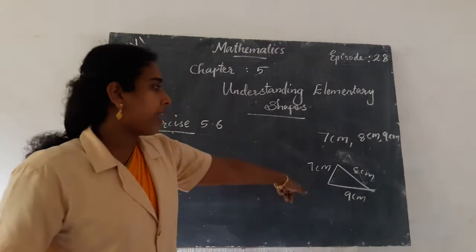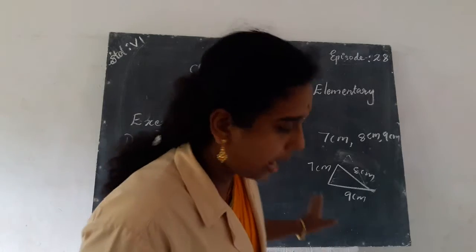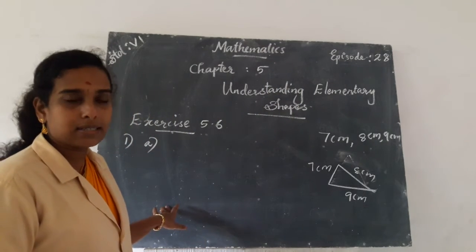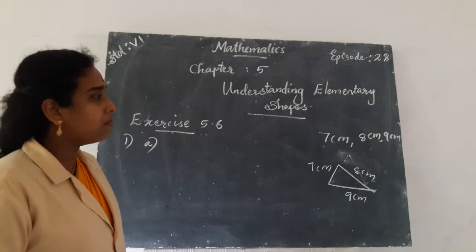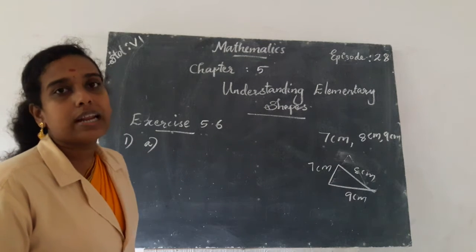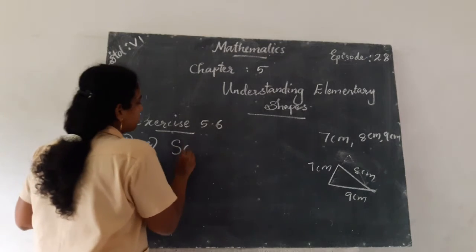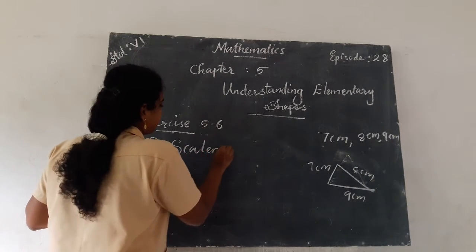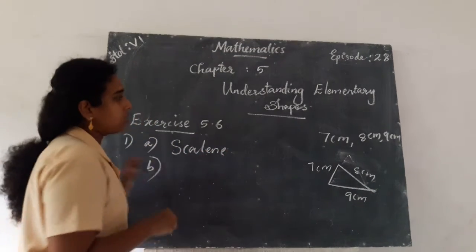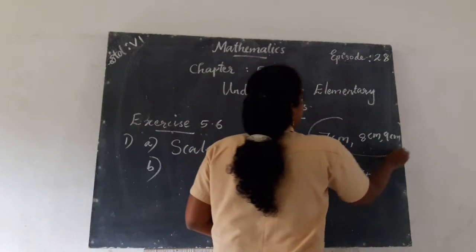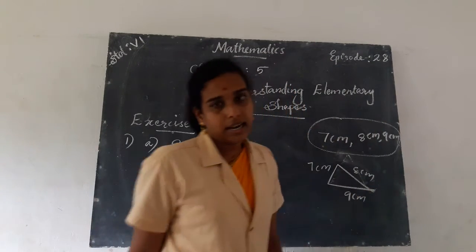Which type of triangle is this, equilateral, isosceles or scalene? It's a scalene triangle because all three sides are of different length. So the answer is scalene triangle.